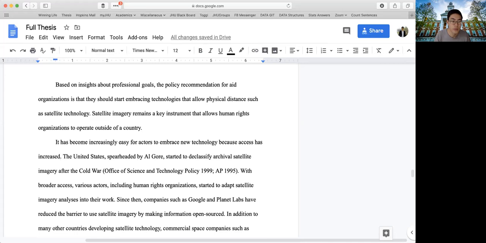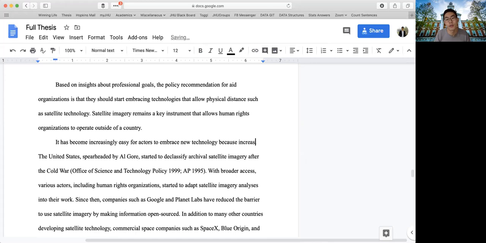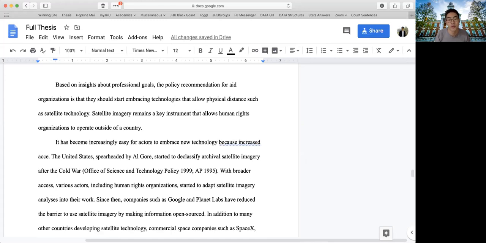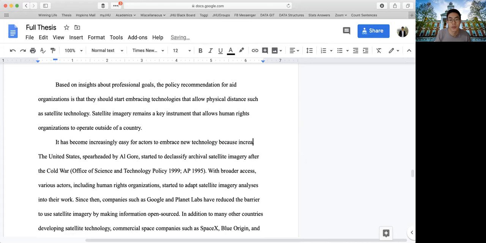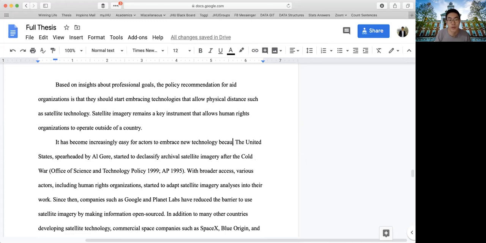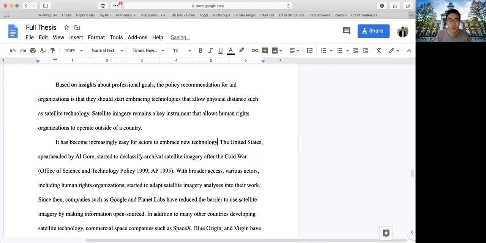Access has broadened because increased access has lowered the entry. Because greater access, it has become increasingly easy for actors to embrace new technology.